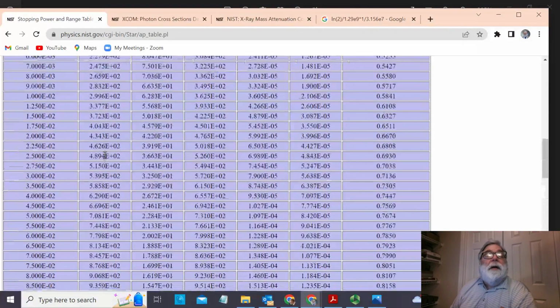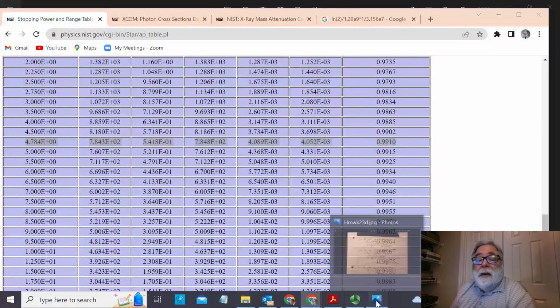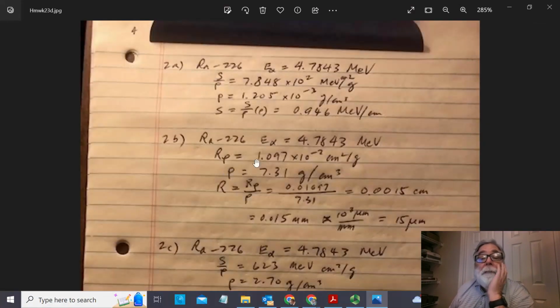I'm interested in the total stopping power, I believe, 7.848 times 10 to the 2, so 785. 785 is what I'm interested in. What did I put down? Radium-226. 785 MeV square centimeter per gram.